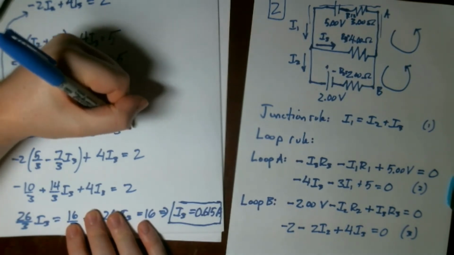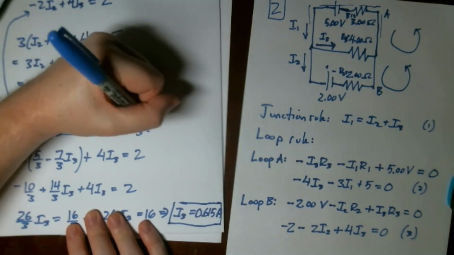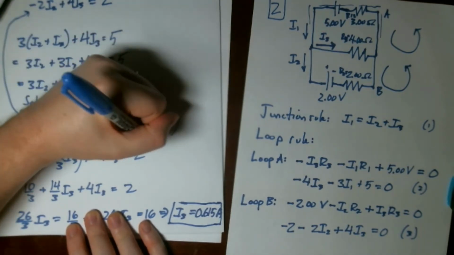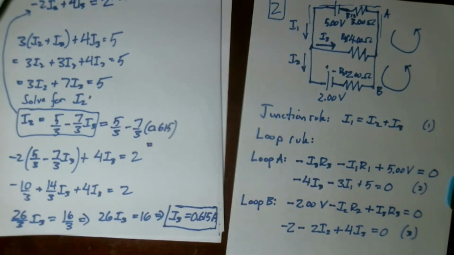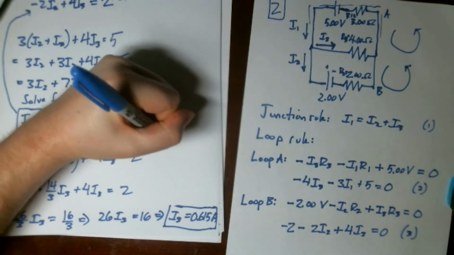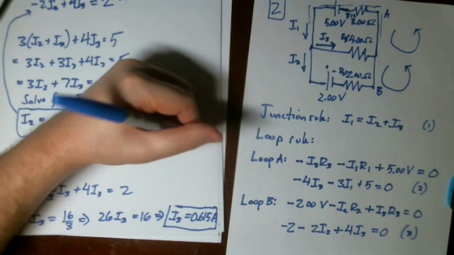So we get 5/3 minus 7/3 times 0.615, and we should find that I2 is equal to 0.231 amps.